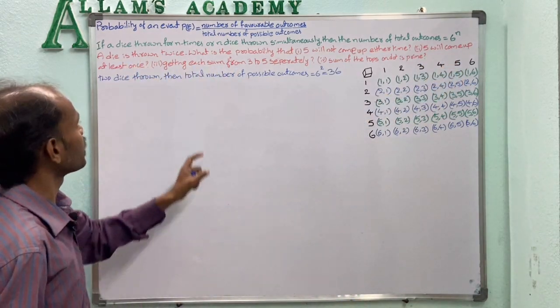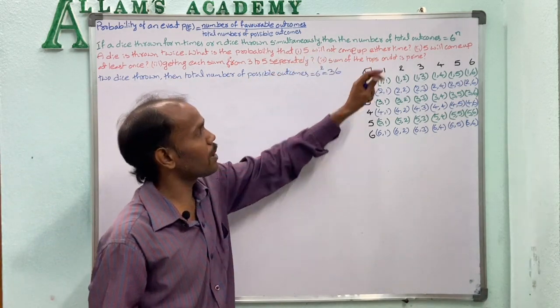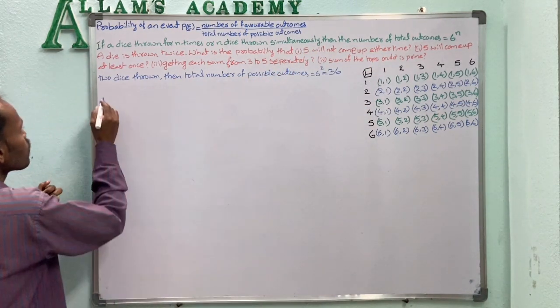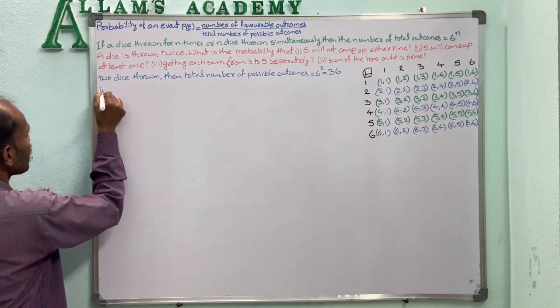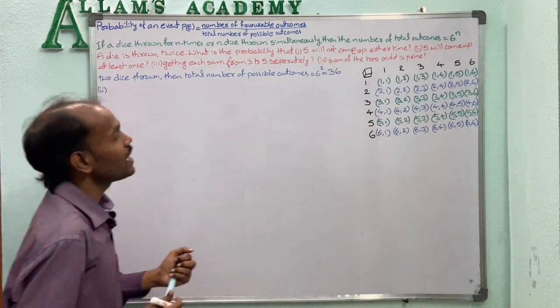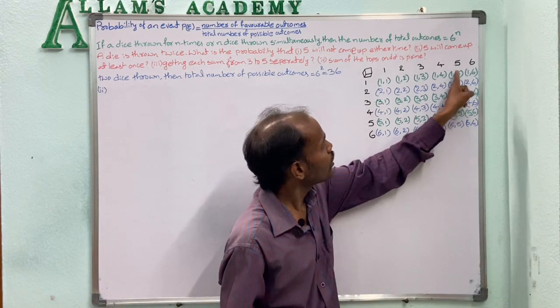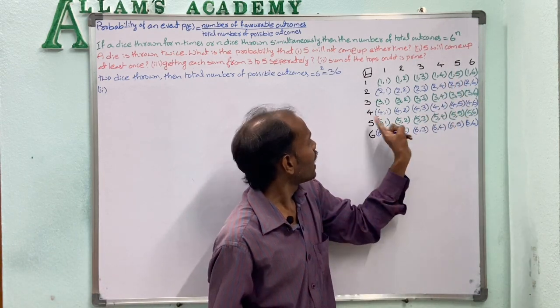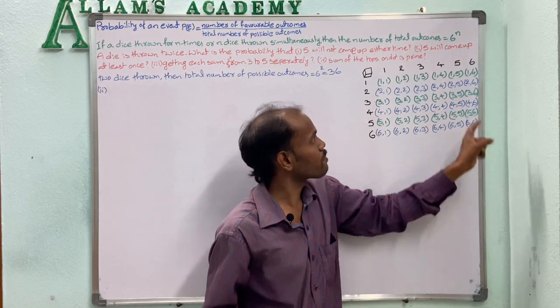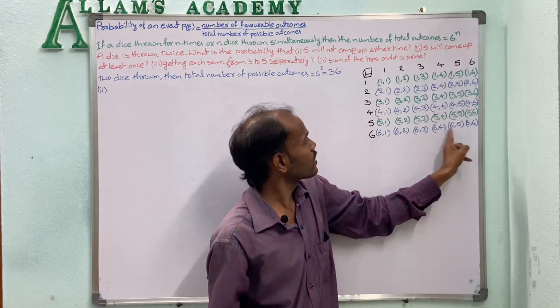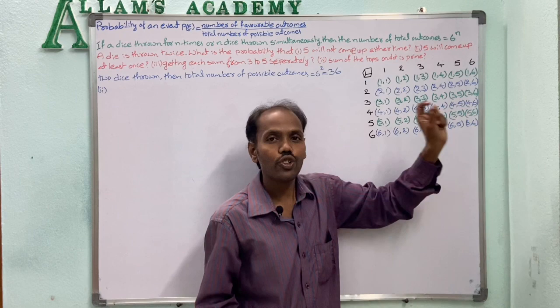Now in that, 5 will come up at least once, and 5 will not come up either time, are asked. So if we observe the second one, 5 will come up at least once. So how many times will it appear? Looking at 5 horizontally and vertically, here 6 times, here 6 times, total 12.